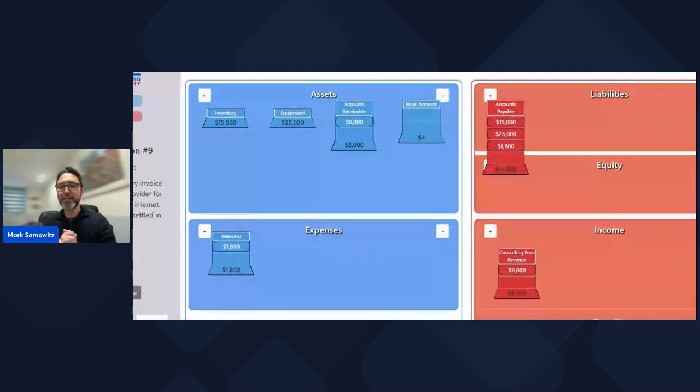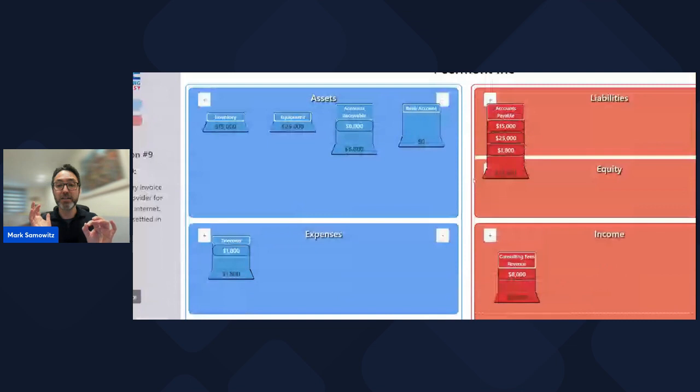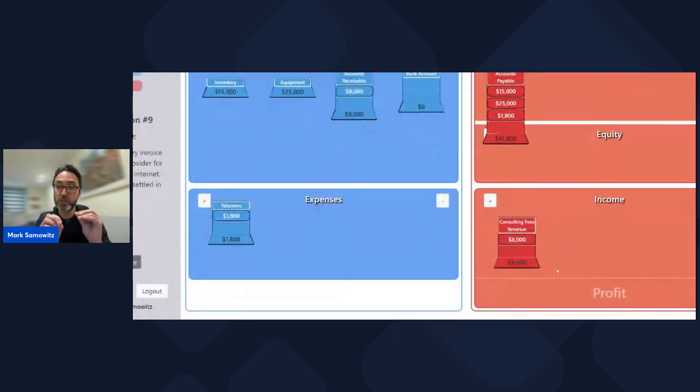And so using this gamified approach, I hope I've illustrated to you clearly how one can make a profit or a loss on the P&L without the bank account being touched. Why? And let's just summarize here, because income is not about money being received. Income is about the value of service we rendered or delivered in a particular month or period. And expenses is not about money paid out.